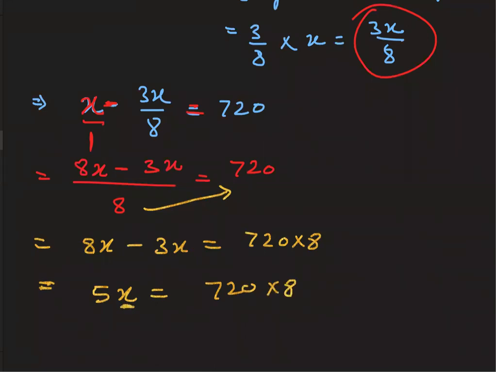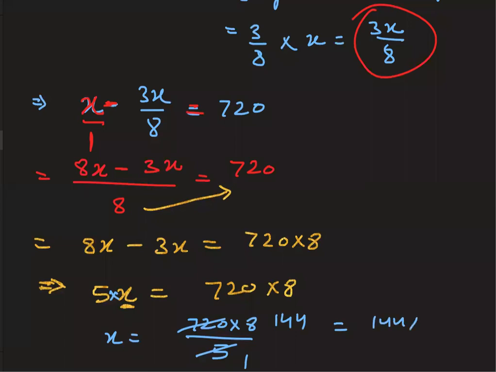अब यहाँ पे x की वैल्यू फाइंड करनी है. So we have to shift this 5 here in the denominator. क्योंकि 5 is in multiply, it will come in divide. So x is equal to 720 into 8 upon 5. So 5 ones are 5 and 5 sevens are 35, carry 3... 5 fours are 20. So 144 into 8. Now multiply 144 with 8 and tell me the answer.